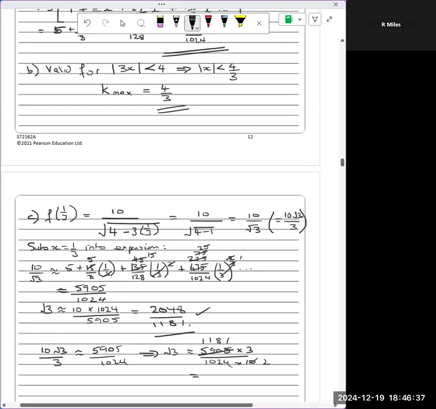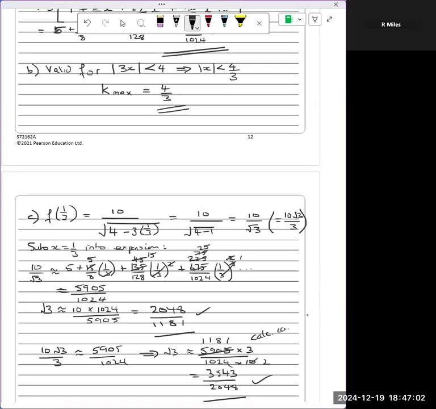No, it still can't cope with that for some reason. So I've got to do it by hand. So 1181 times 3 is 3543. And the denominator is 2048. And that is also in the mark scheme. That's where the calculator can't cope.